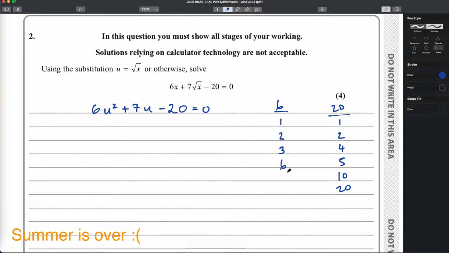I'm off to a slow start. Channel going to end? No, just summer. Summer is over. It's beautiful weather, it's disappearing.